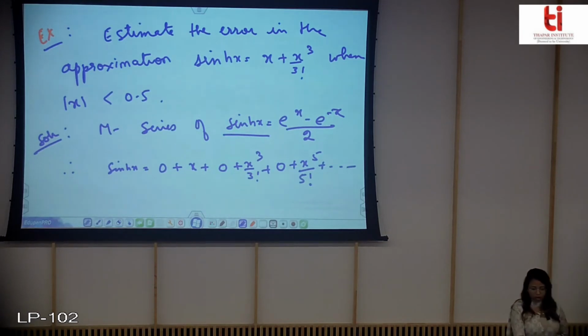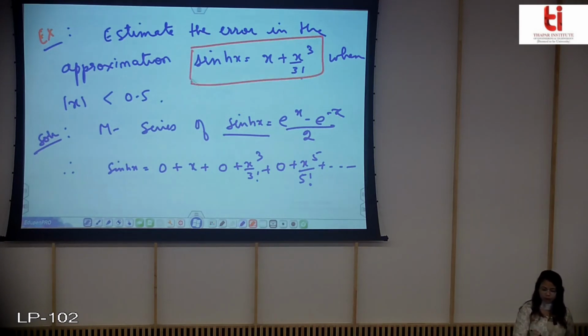Okay, now what is your question, that you have approximated sinh x by these two terms. That means you consider the polynomial till this, but you can see that the next term is 0. So what you will do, you will consider the higher order term.